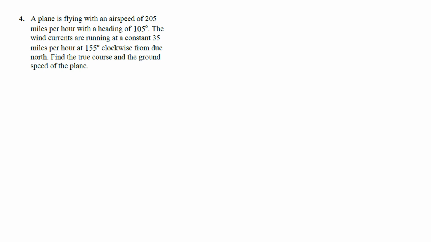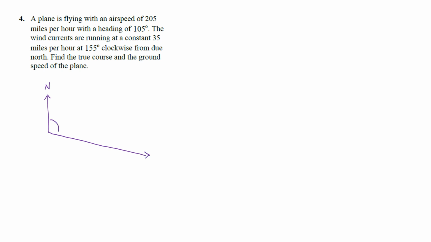All right. So a plane is flying with an airspeed of 205 miles per hour with a heading of 105 degrees. Okay, so let's say this is north, and this is the plane's path.